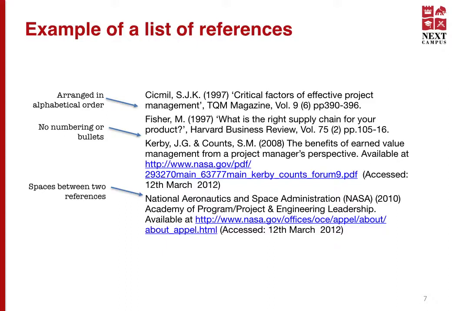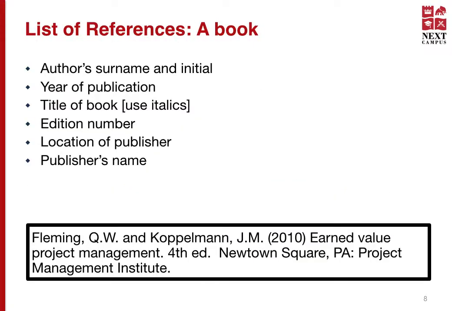And when you go through peer-reviewed articles and other publications, you will see how they have presented the list of references. Now let's look at how to refer different types of material. For example, how do you reference a book? You get the author's surname and then the initial, year of publication, title of the book, edition number, publisher, and publisher's name. Here is an example in the box below.